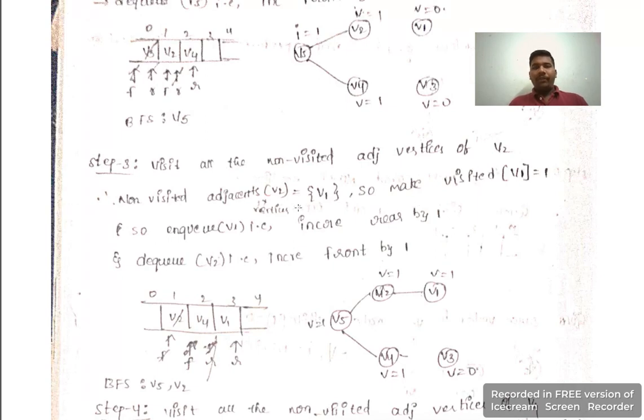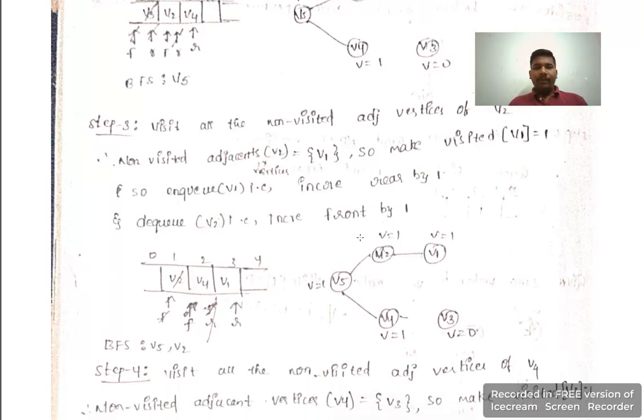So make visited of V1 equal to 1 and NQ V1, increment rear by 1, and DQ V2, increment front by 1. Initially front was pointing to the first position, now the second position. V5's adjacent vertices are V2 and V4, both visited, and V2's adjacent vertex V1, so V is equal to 1.